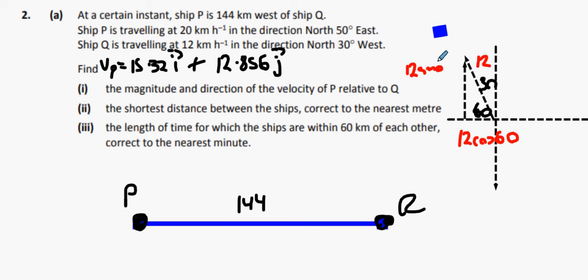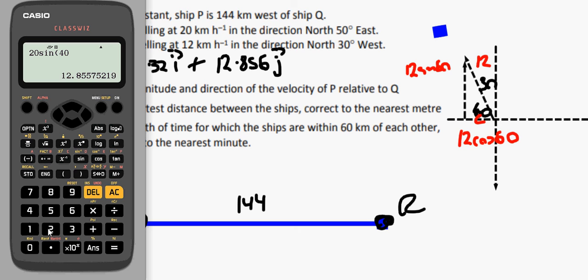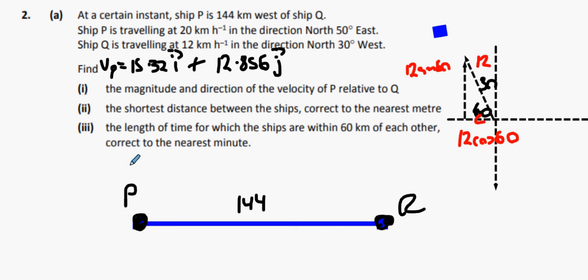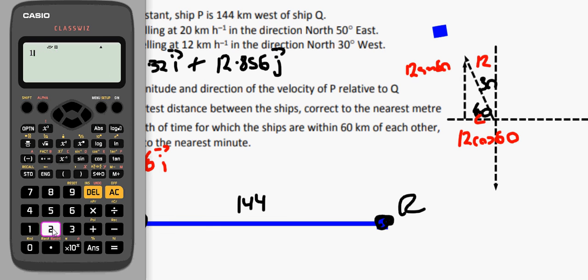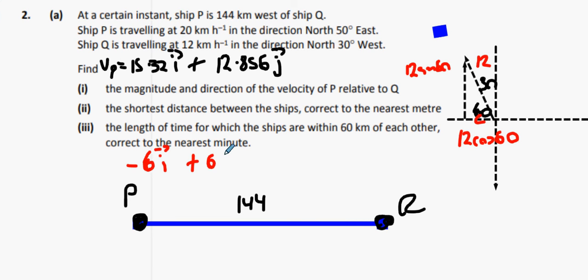Now cos is negative because it's going to the left, so 12 cos 60 is 6, so minus 6i, and then 12 sine 60, which would be a decimal. 6 root 3 might be more accurate, to be fair. I'll just use 6 root 3. And that's your velocity of Q.